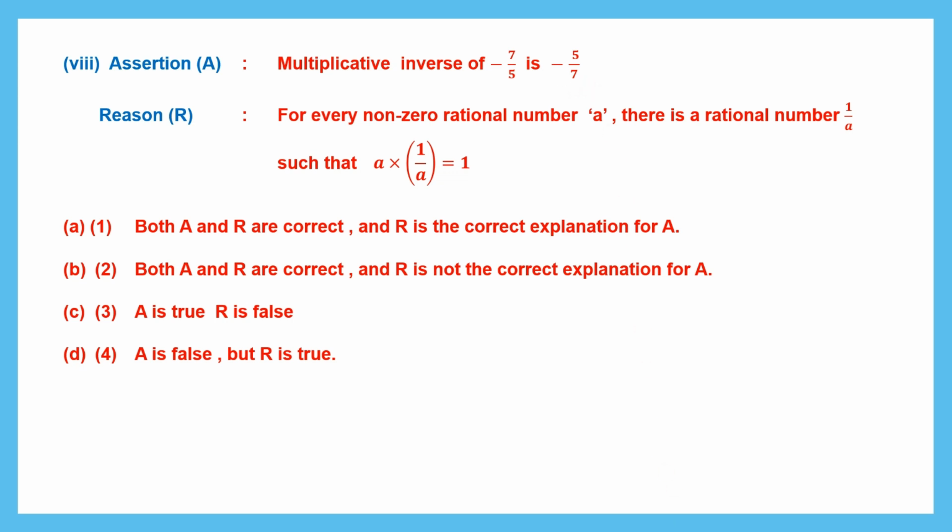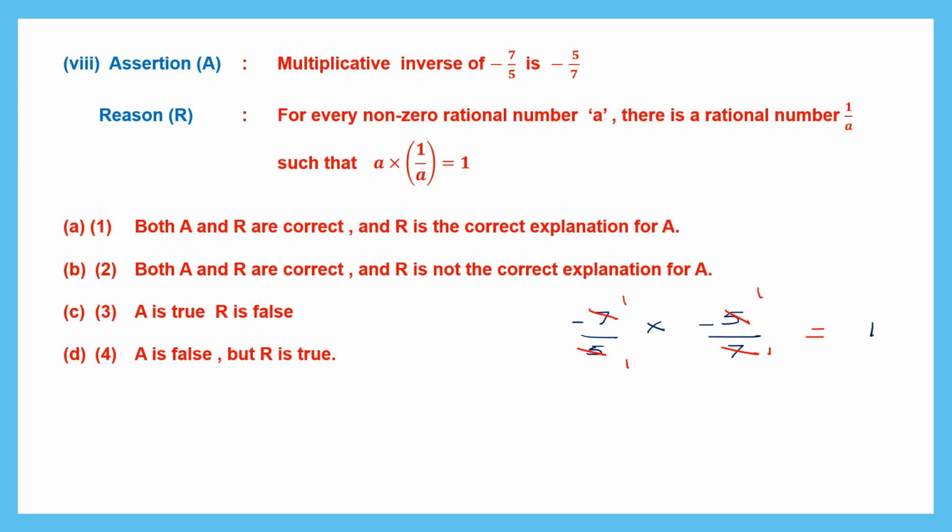And we also know that when you take a rational number, that is negative 7 by 5, and multiply it by its multiplicative inverse, in this case negative 5 by 7, that is the reciprocal, now see what answer you get. We can cancel the 7s, it's just 1. You can cancel the 5, 5 ones are 5, 5 ones are 5. When you multiply the numbers, you just get 1.